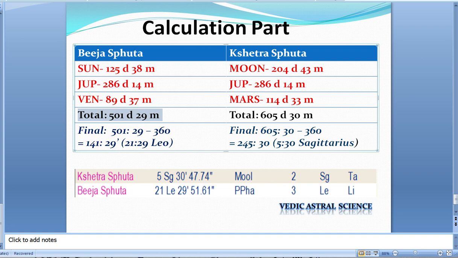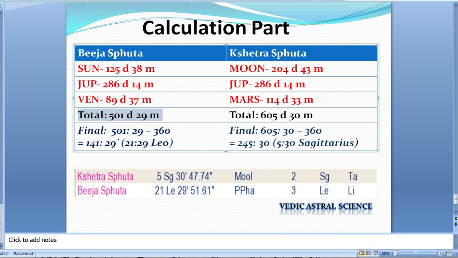We have a total of 501 degrees and 29 minutes. As this total has exceeded 360 degrees, which is the degree of a circle, or you can say the total degrees of the zodiac wheel, you have to subtract 360 from 501 degrees and 29 minutes.